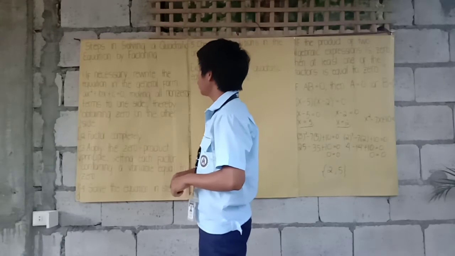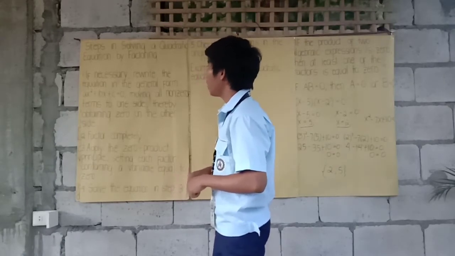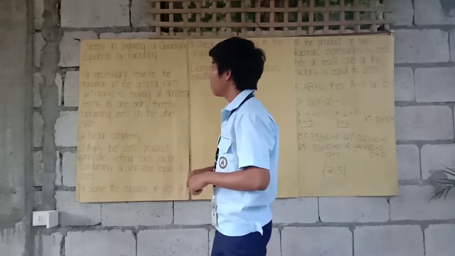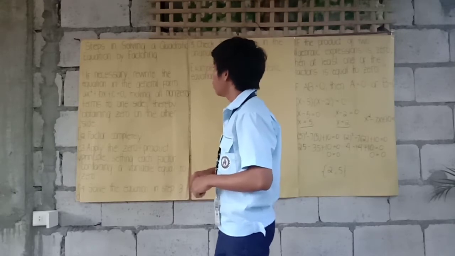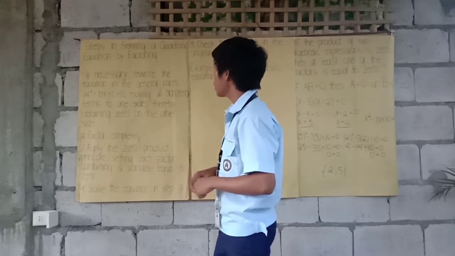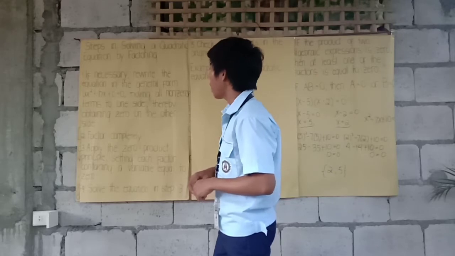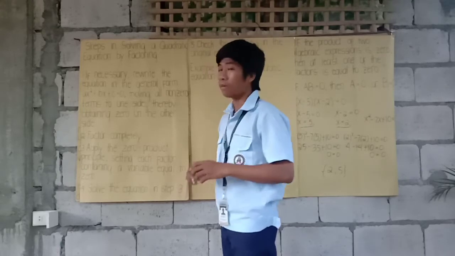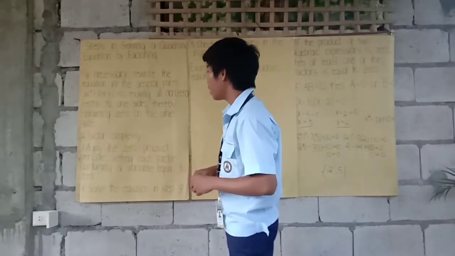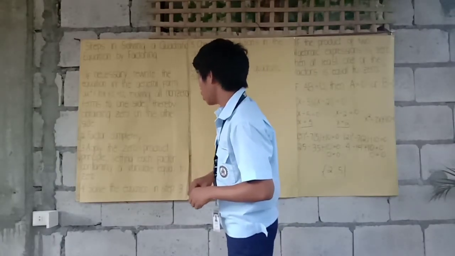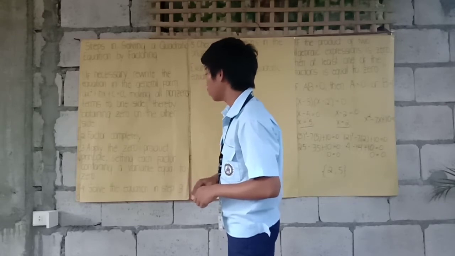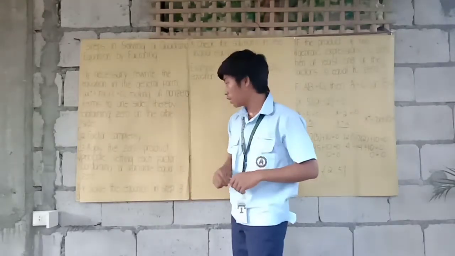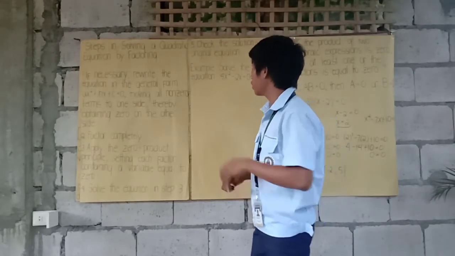If necessary, rewrite the equation in general form ax squared plus bx plus c is equal to 0, moving all non-zero terms to one side, thereby obtaining 0 on the other side. Step 2, factor completely. Step 3, apply the zero product principle, setting each factor containing a variable equal to 0. Step 4, solve the equation in step 3. Step 5, check the solutions in the original equation.